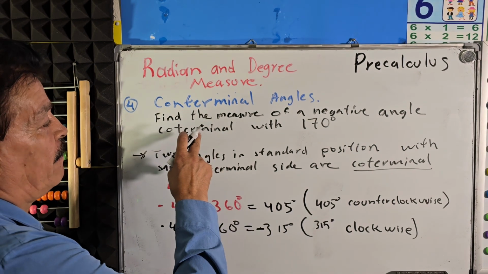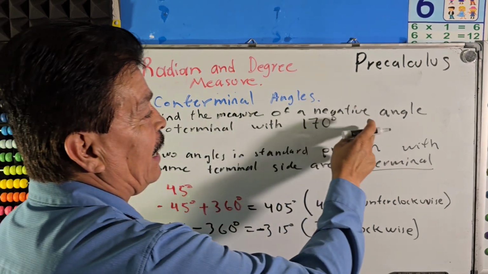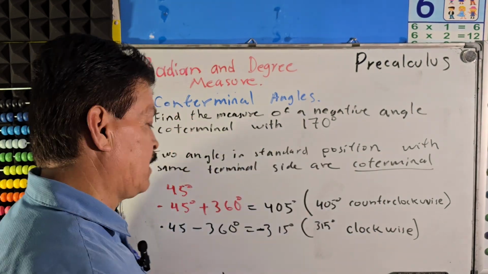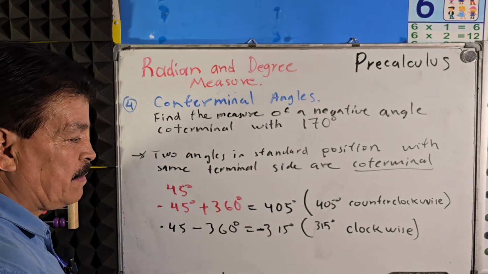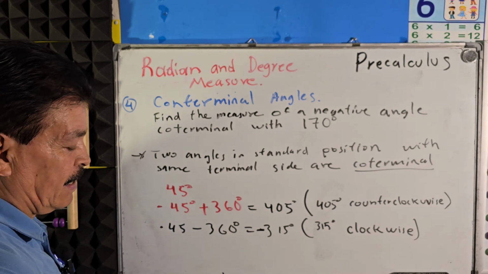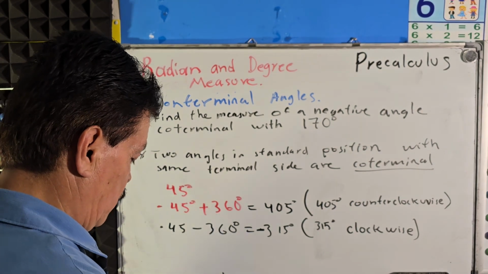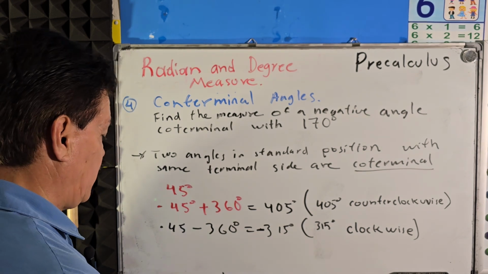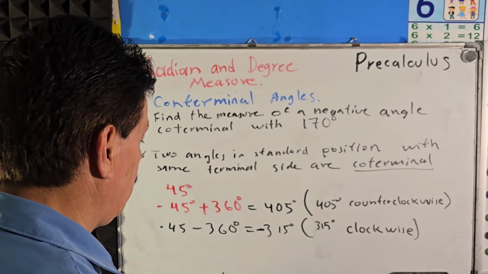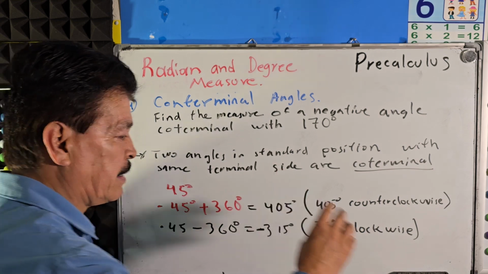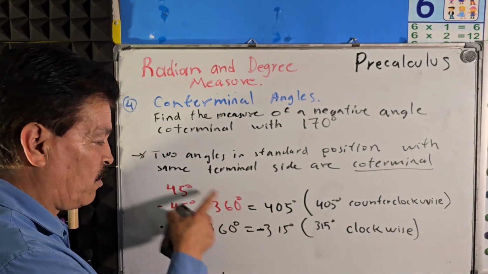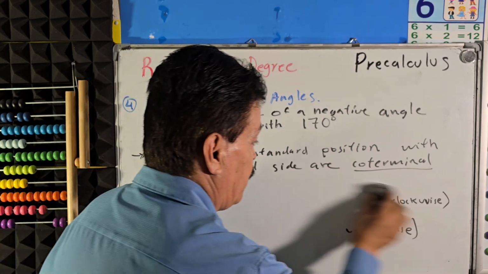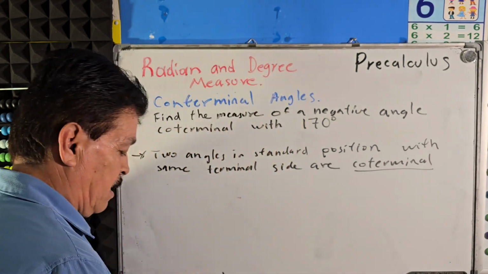So, look at the problem. Find the measure of a negative angle coterminal with 170 degrees. So, in the main concept, we have this kind of thing. Look at this. I would like to make the graph. Let me show you in a graph how this looks.